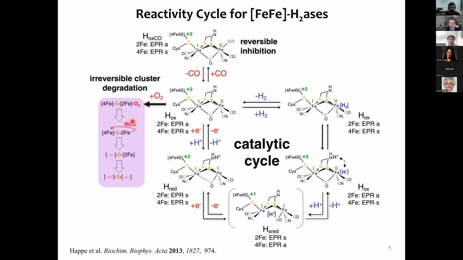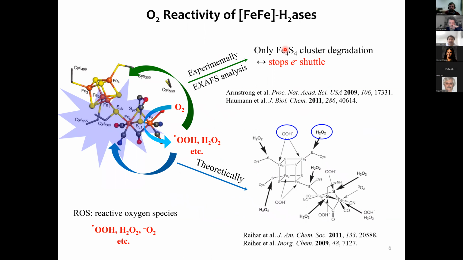So investigating the deactivation pathway of iron hydrogenases in the presence of air is an active field of research. Initial XAS analysis with the enzyme suggested that the reactive oxygen species generated upon exposure to air destroys the Fe4S4 cluster, which stops the electron shuttle and permanently damages the hydrogenase activity.